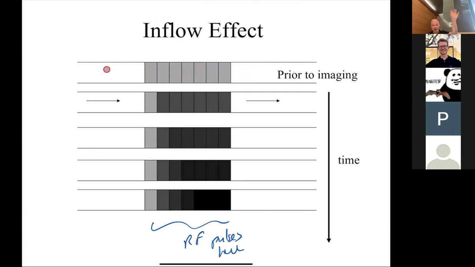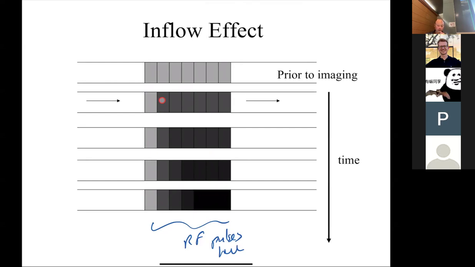Basically, the spins out here don't experience any RF pulse, right? So it's only when they come into this region that we start sort of flipping them down, all right? And as we just saw, the more we flip them, the more RF pulses they see, the lower their amplitude gets. Whereas the ones that are coming in fresh sort of have a high amplitude. Okay, so this is what's known as the inflow effect.